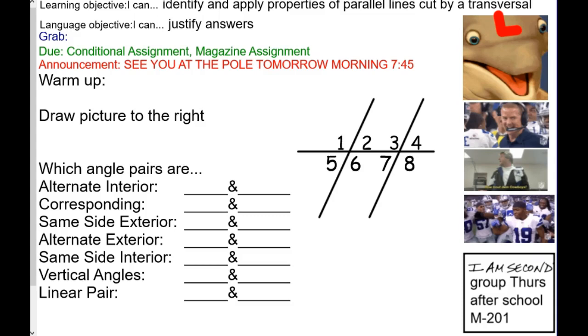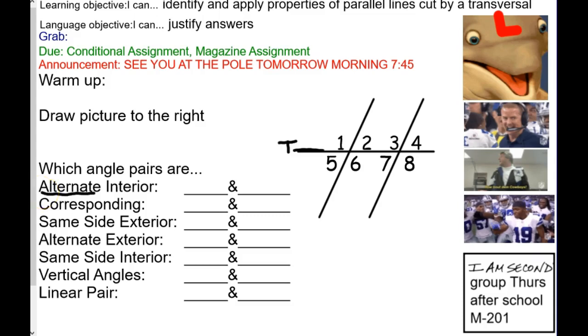So for alternate interior angles, which angles are alternate sides of the transversal, but interior in between the parallels? Okay, so let's pick an interior angle. I heard 6. So 6 is interior, right? Now what angle is alternate inside?